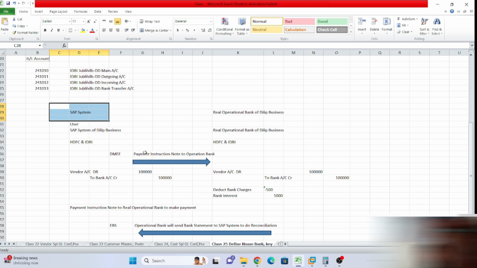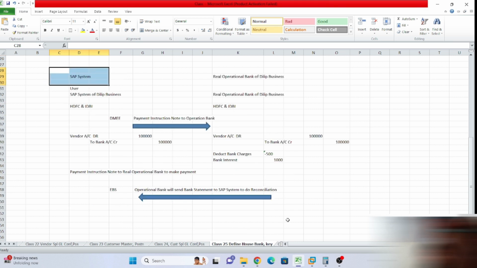Every detail will be there. Bank people will see this payment instruction note and simply make the payment to the vendor mentioned in it. And in the month end, our operational bank will send the bank statement to the SAP system, so that SAP people can do the reconciliation referring to that bank statement.